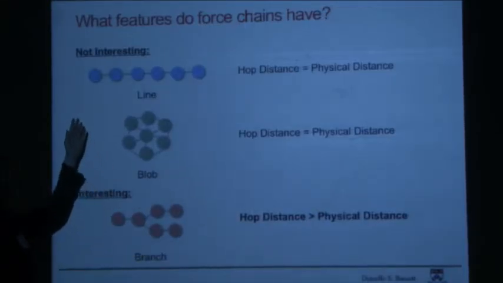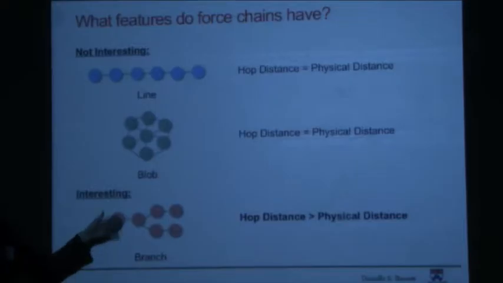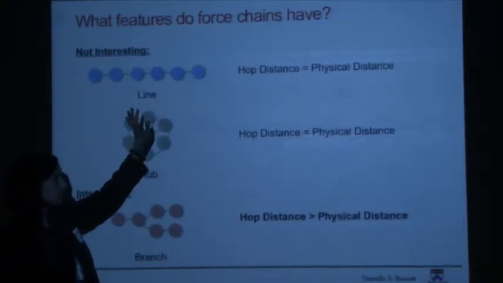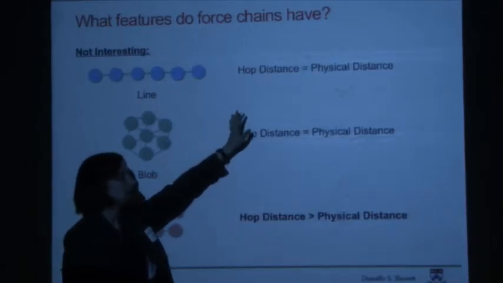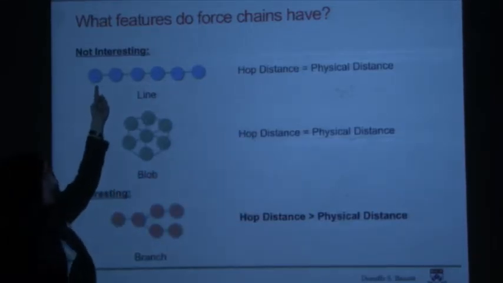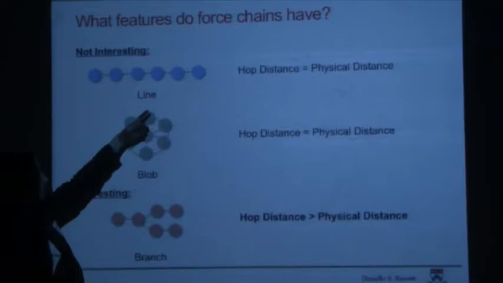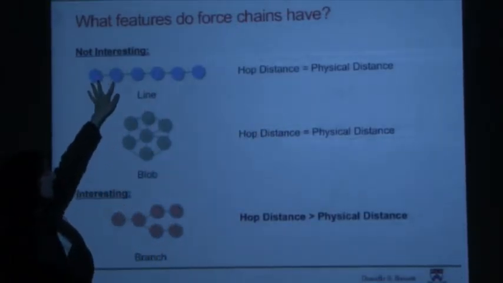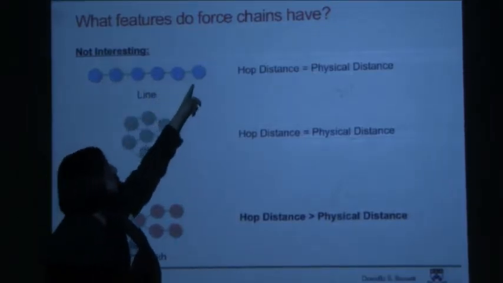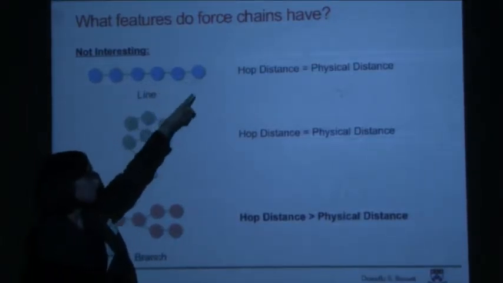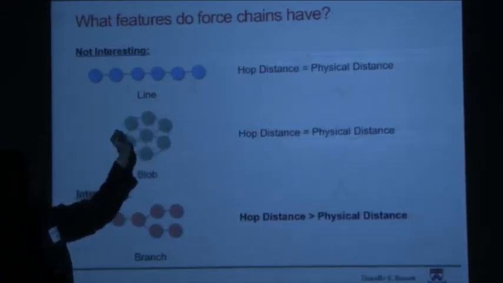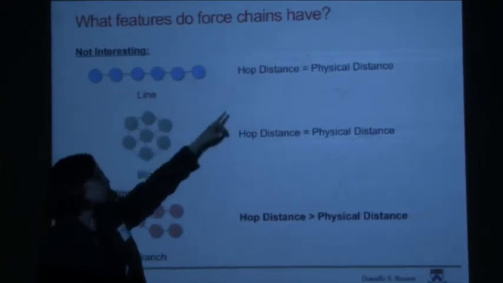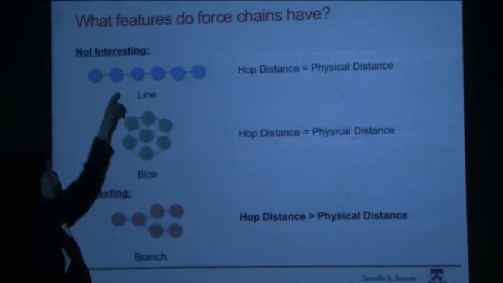So what are some distinguishing shape features between these three different kinds of objects? For a line, we thought about the fact that the hop distance, which is how many hops it takes to get from a node to another node, is equal to the physical distance. So to get from here to here, that's one hop, but it's also one physical unit. To get from here to here, it's 1, 2, 3, 4, 5 hops, and it's also 5 physical units, right? So the hop distance and the physical distance are identical in lines.